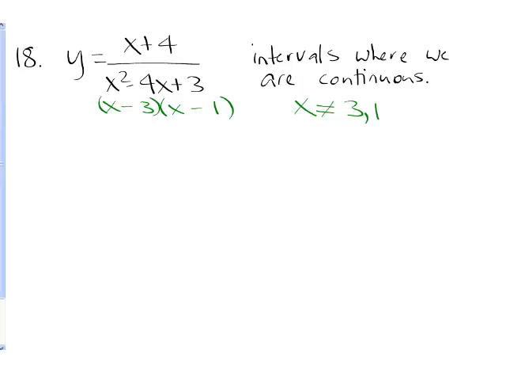But they ask for the intervals where we're continuous, and there's a lot of different ways to write this. Your book will use what's called interval notation. That means we can start at negative infinity and go to 1, sorry, because 1 is smaller, but we can't include 1.